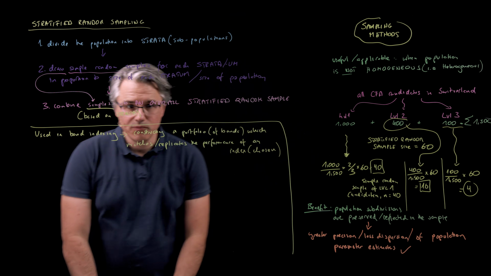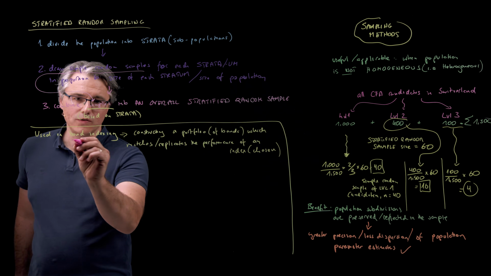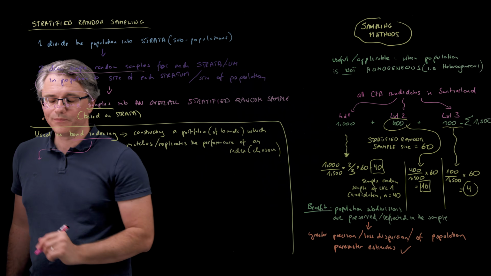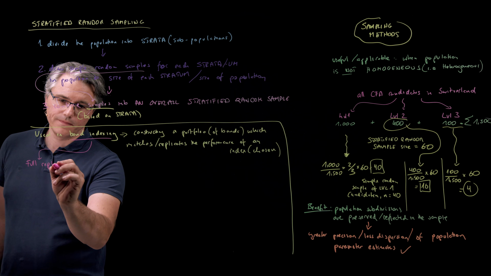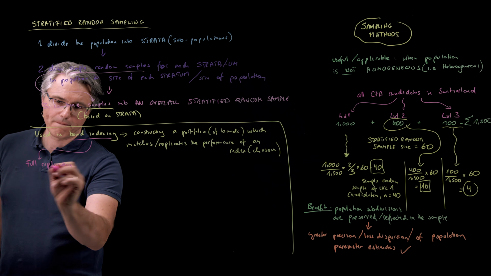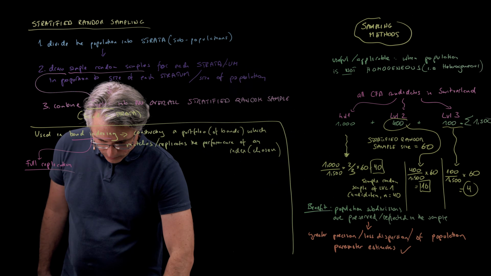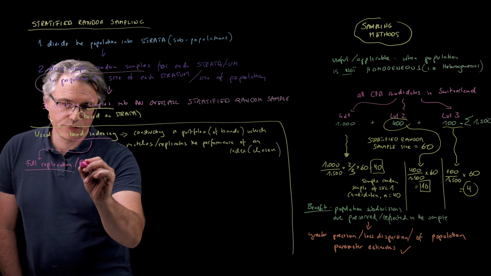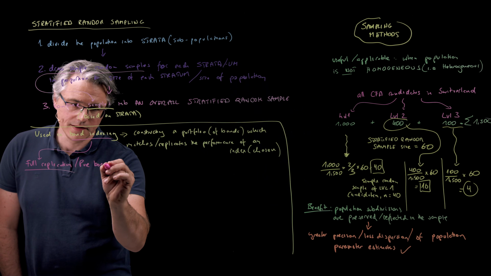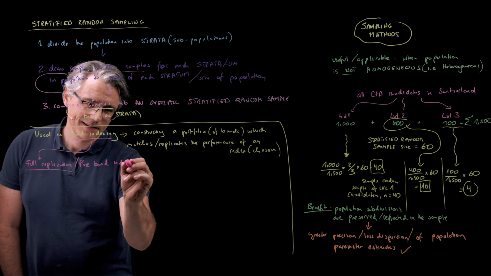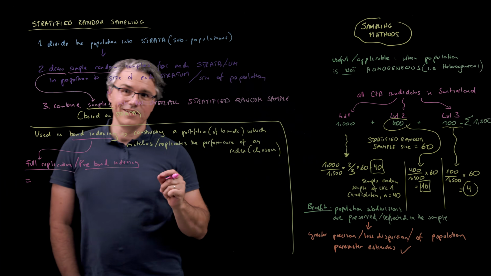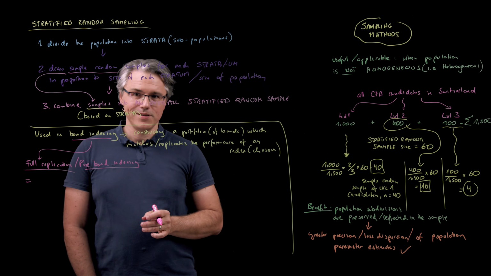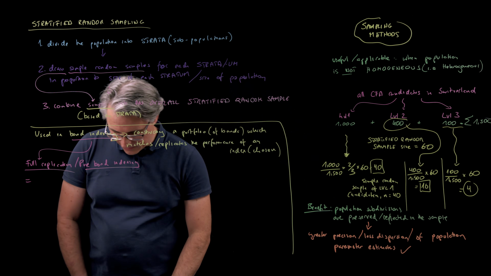Now, this can be done in two ways, this bond indexing. One way, called full replication, or pure bond indexing, will involve purchasing and owning every security included in the index.